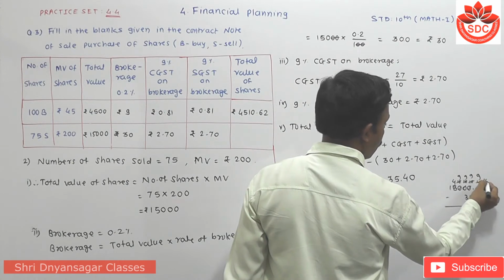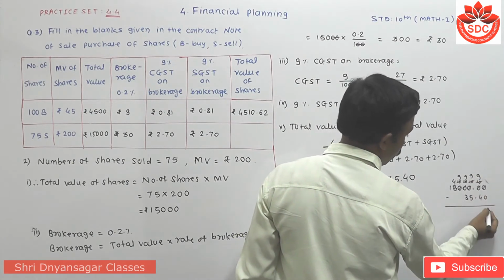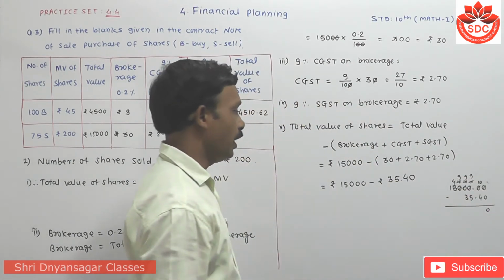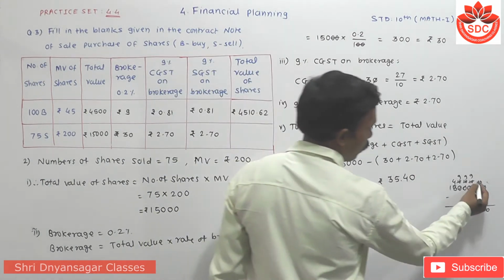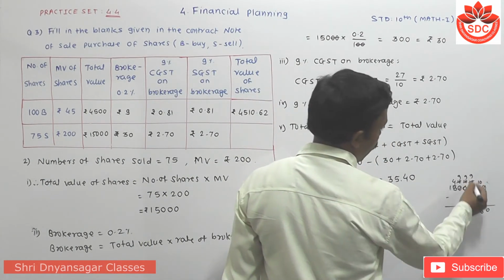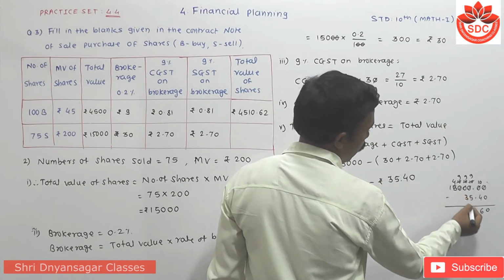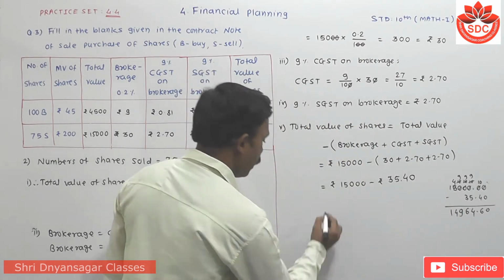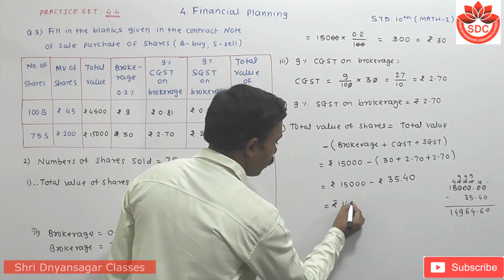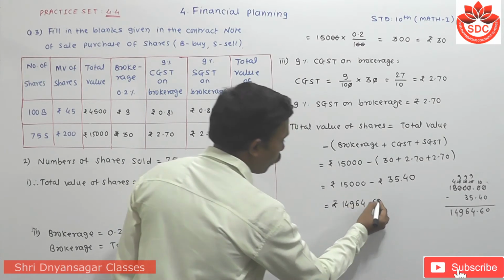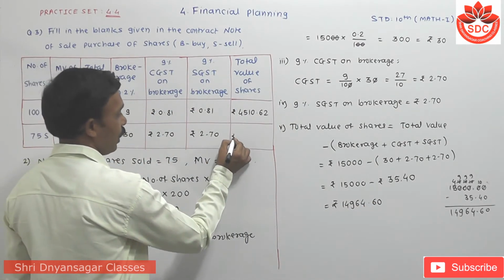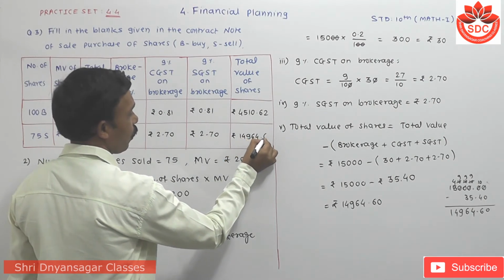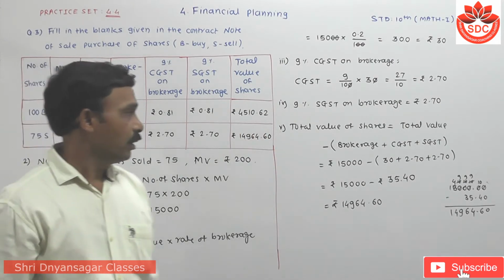Then 0 as 0, 10 minus 4 becomes 6, then 9 minus 5 becomes 4, 9 minus 3 becomes 6, 9 as it is, this 4 and 1. That means this amount is rupees 14,964 point how much? 60 is the total value. I will write here also rupees 14,964.60. Okay student, this is so simple.